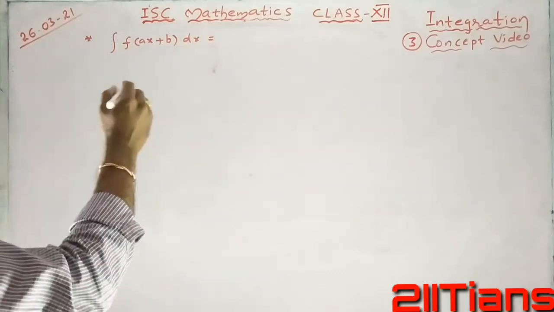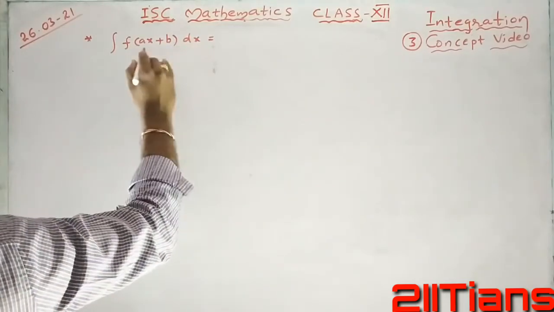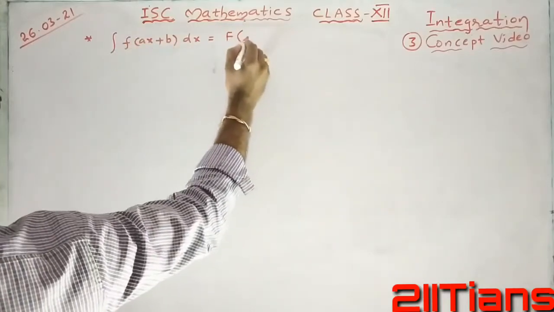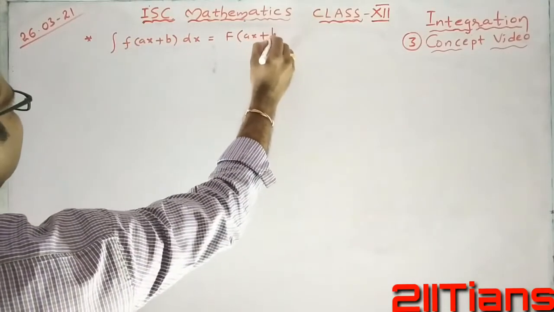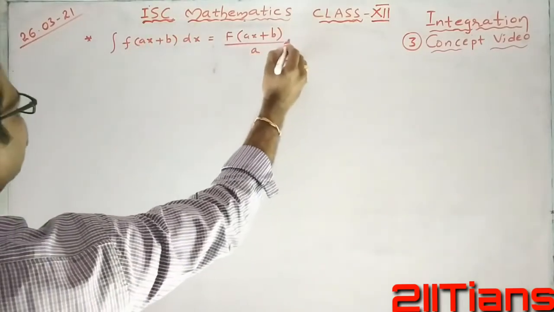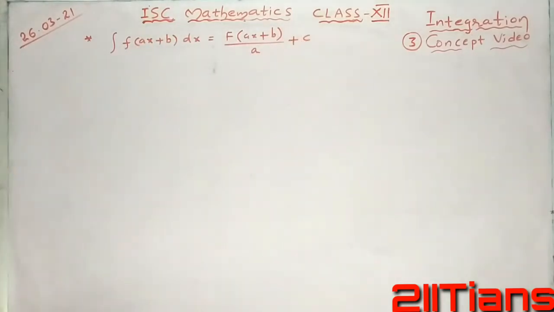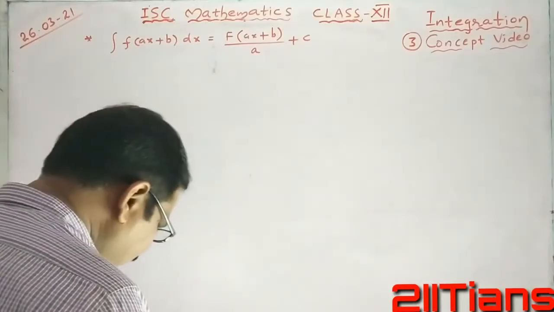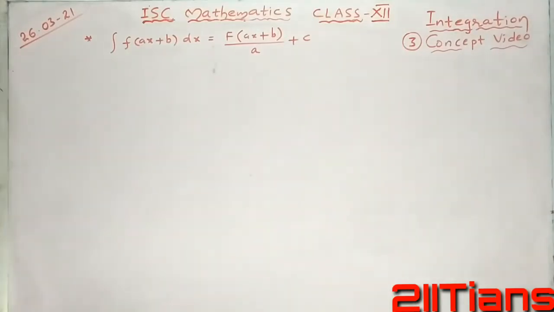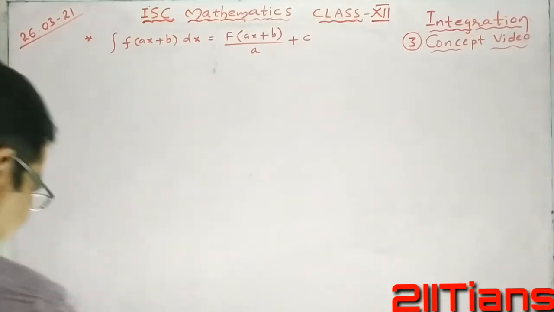This is called one special form. Write the integration of this function upon coefficient of x, which should be written in the denominator. That should not be forgotten. It's very important. So coefficient of x should be written in the denominator.